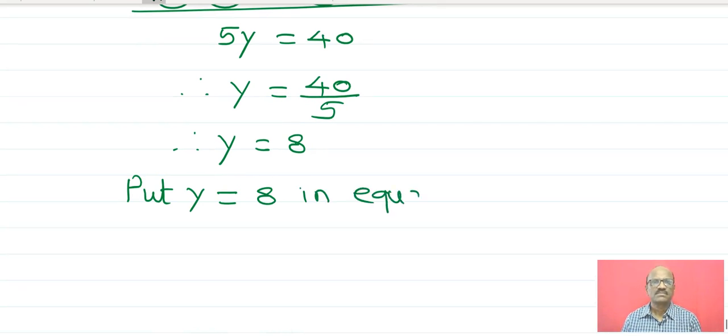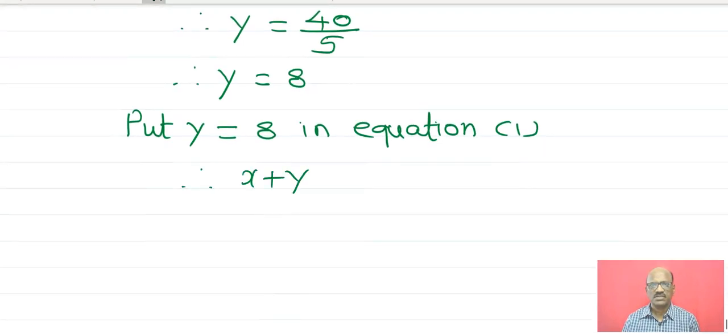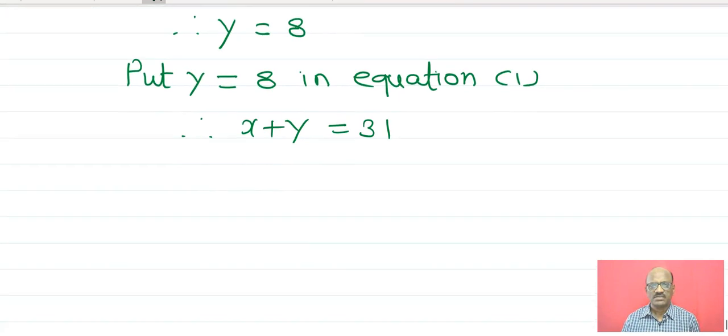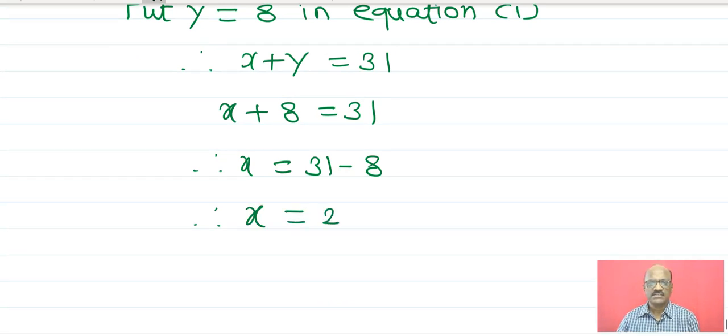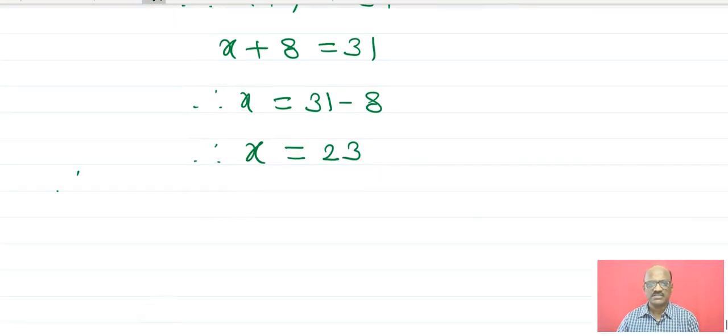Therefore, put y is equal to 8 in equation 1, x plus y is equal to 31, that is x plus 8 is equal to 31, therefore x is equal to 31 minus 8, therefore x is equal to 23.